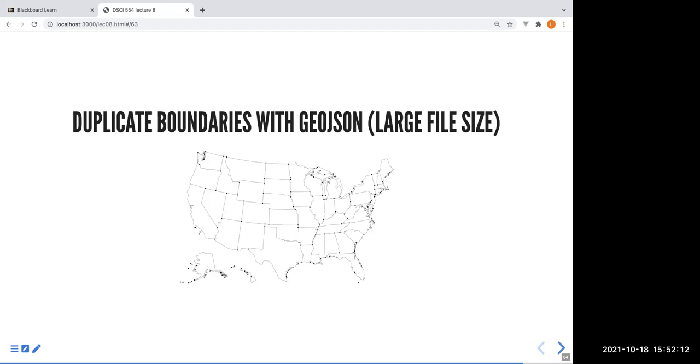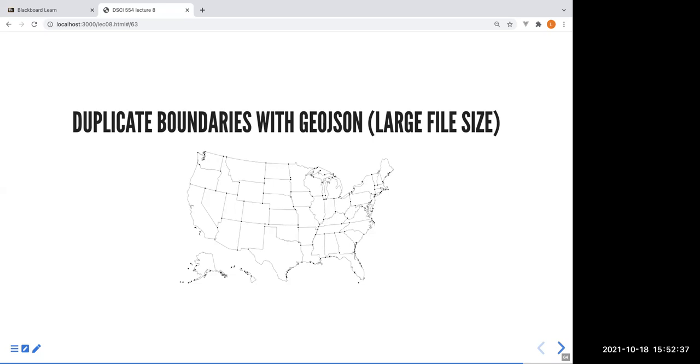And then you have all these places where two boundaries are contiguous to one another, and they are going to get duplicated, right? It doesn't look like it, but depending on the resolution, it may be quite a bit of data that is encoded twice.